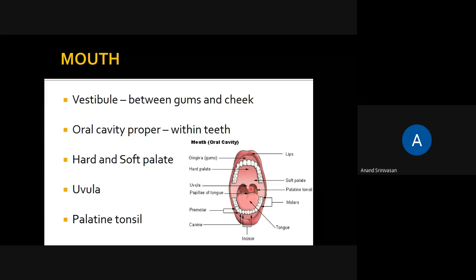Here will be the pharynx. On either side of the pharynx there will be a tonsil, called the palatine tonsil. We have already seen this in the upper respiratory tract. So: oral cavity, hard palate, soft palate, uvula, and the palatine tonsils.